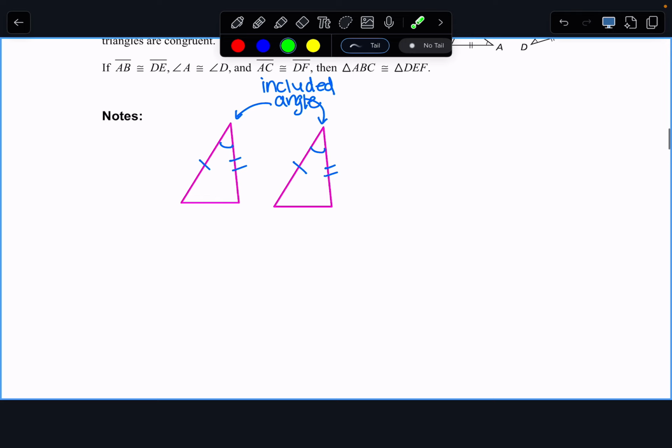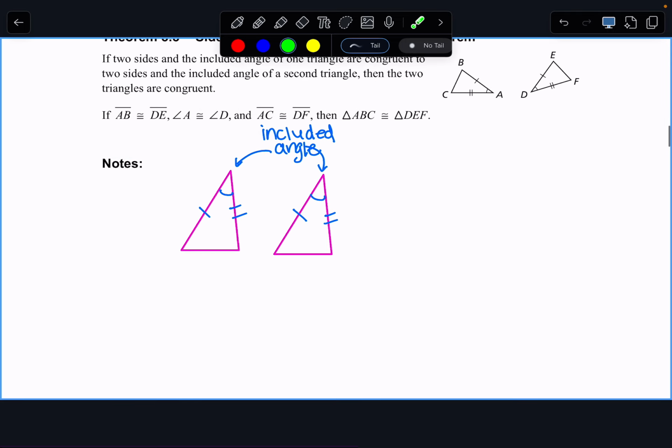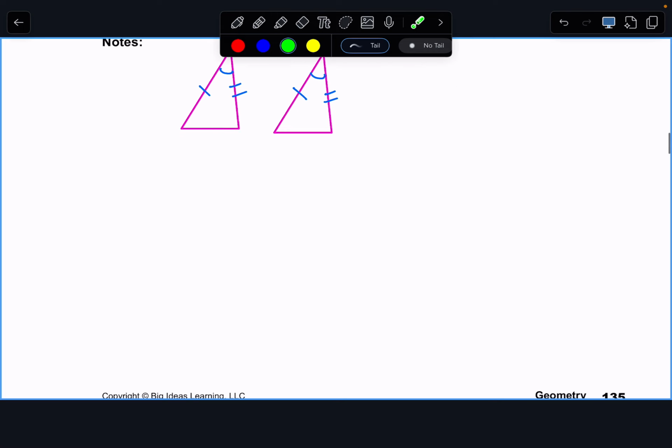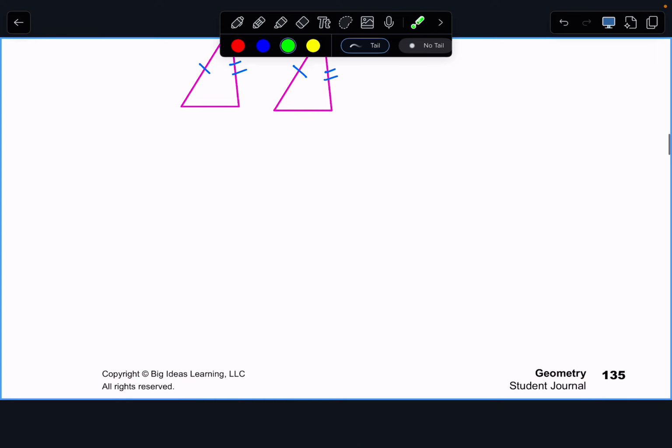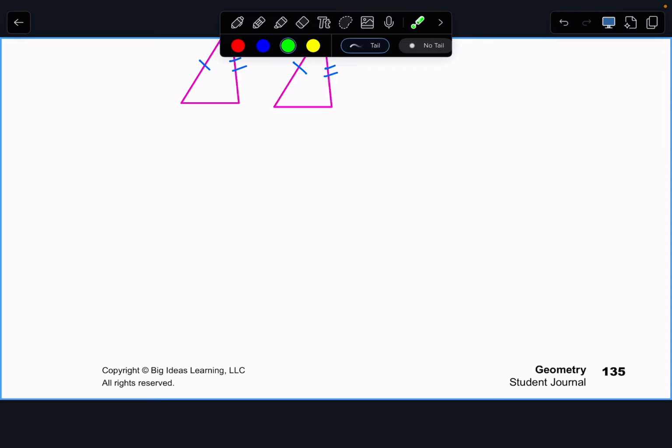Okay. So, yes, we are working towards writing a proof. Okay, I'm just going to be very straightforward about that. Okay, but first we need to be able to look at a picture and decide, oh yeah, these triangles are congruent because of side, angle, side. So, we're going to draw 3 pictures.